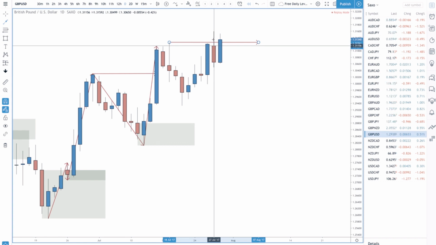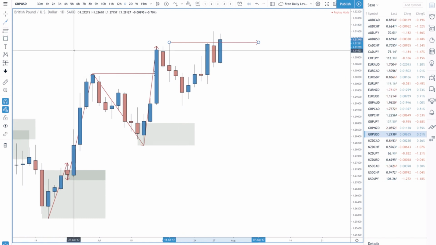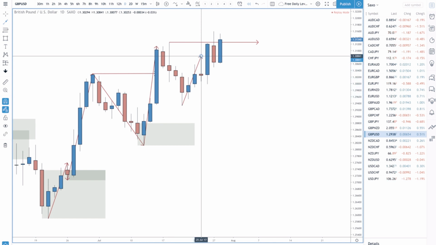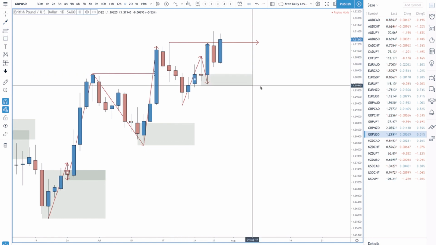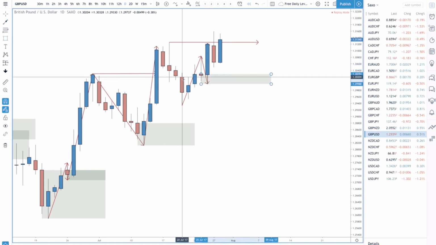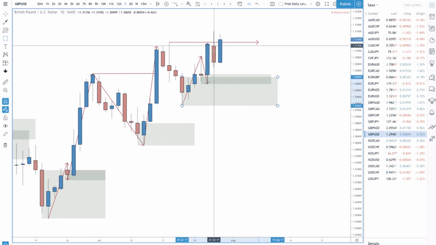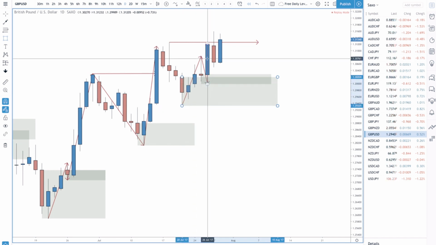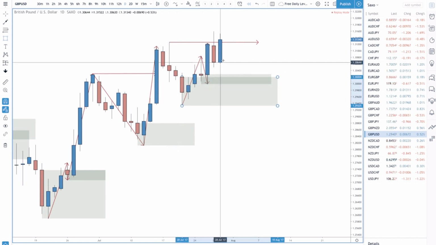So for me, although it's a higher high, I'd only be drawing this because if we're looking at this pullback, this actually makes a bit of a higher high within this zone, there and there. But as far as this creating a new high, no. I would be drawing this demand zone because we made a higher high and higher low within this zone here.